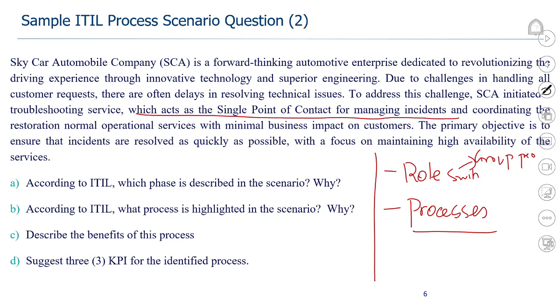That one there is a role. This is a service desk role, SD. For managing incidents, anything you see for managing incidents, we are talking about incident management and coordinating the restoration of normal operations.